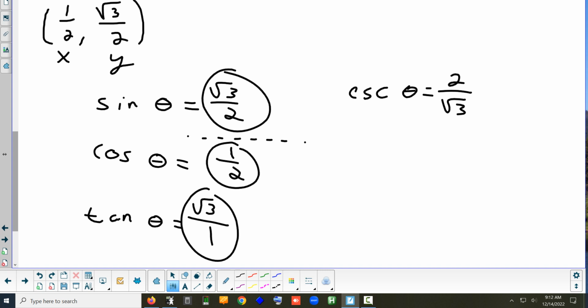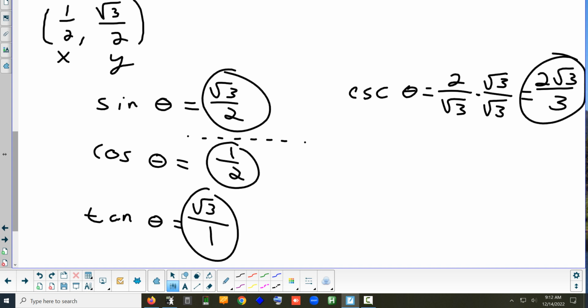I mean, it's okay so far, but we got to fix it. Yep. The square root in the denominator. Right, we have a square root in the denominator, so we need to fix it by multiplying top and bottom by square root 3. And that's going to give me 2 root 3 over 3. So that's the only thing that gets a little annoying. When you get a square root in the bottom, you do need to fix it.